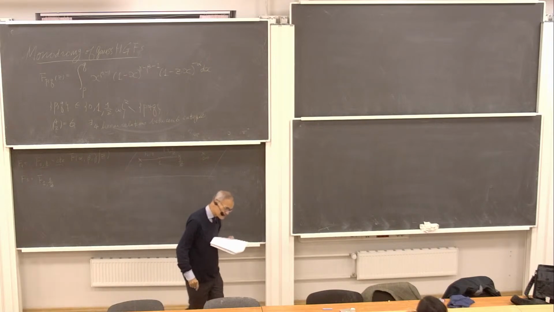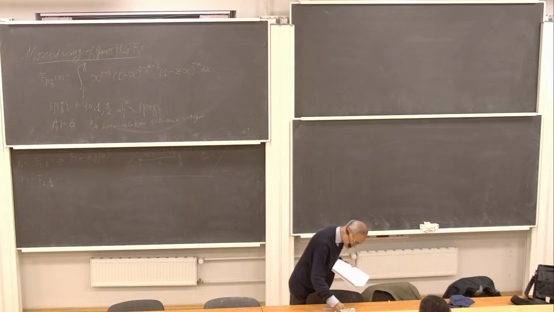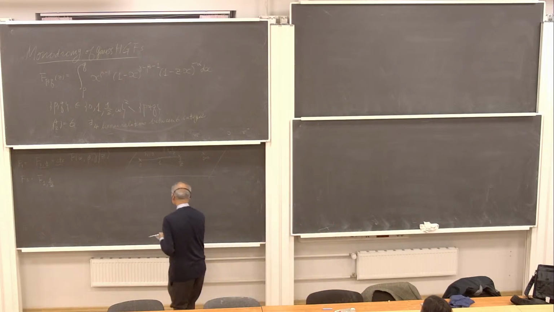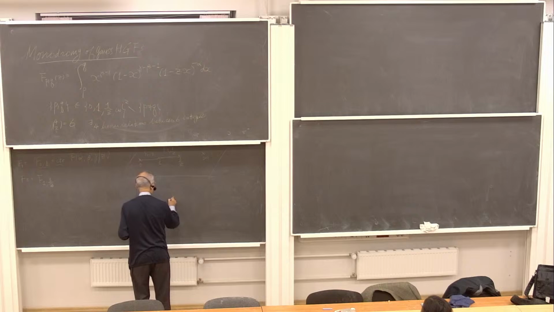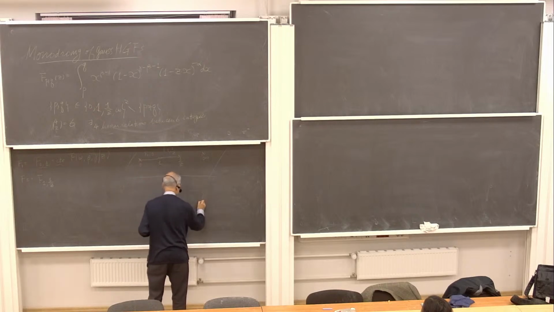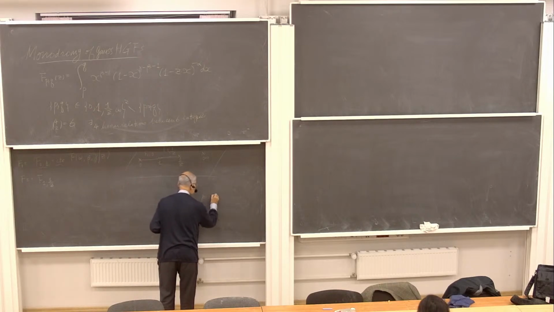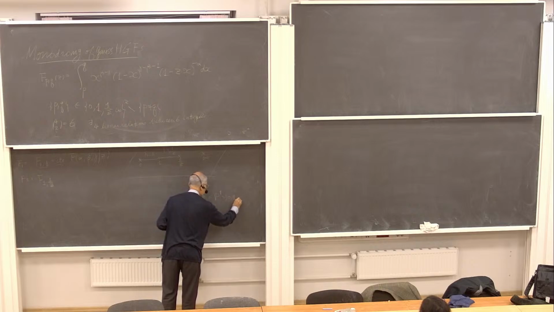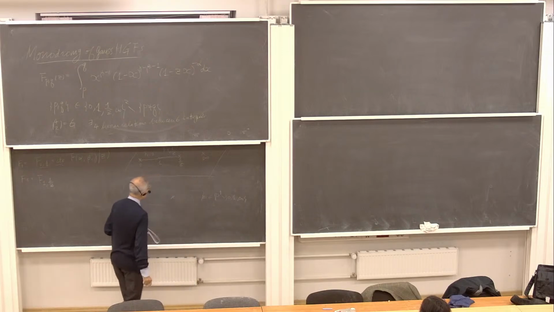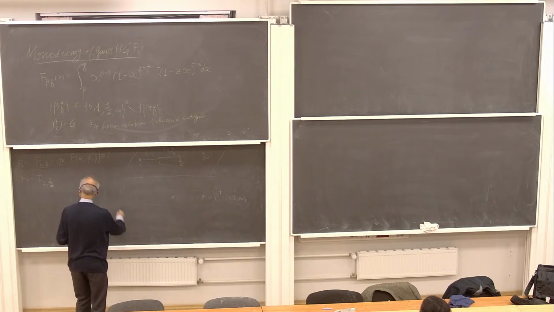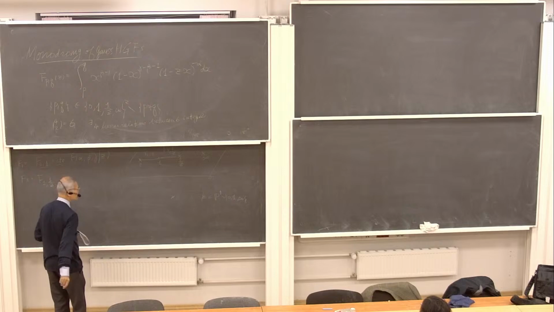And if Z coincides... so this is the base space, P1 minus 0, 1, infinity, 3 points, the points where these functions become singular.